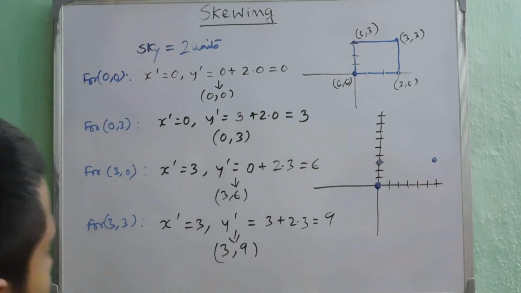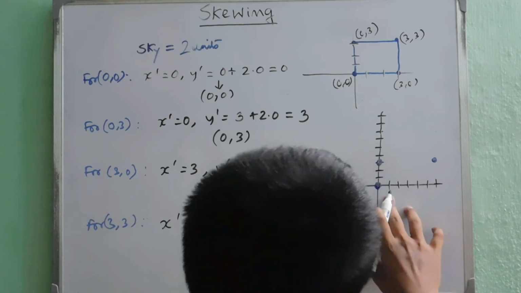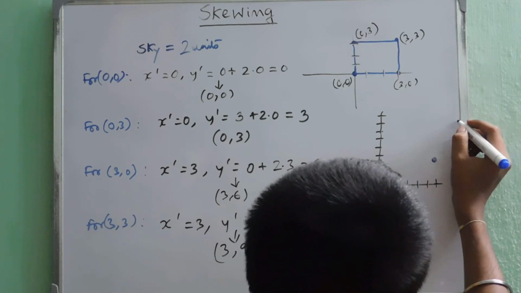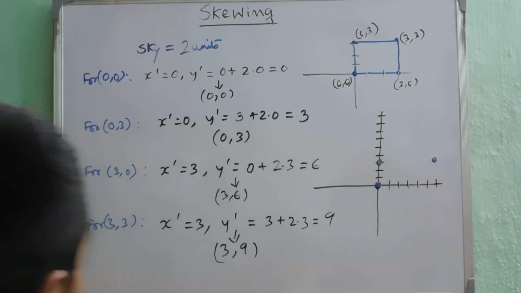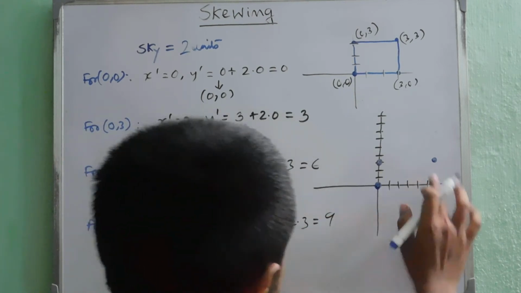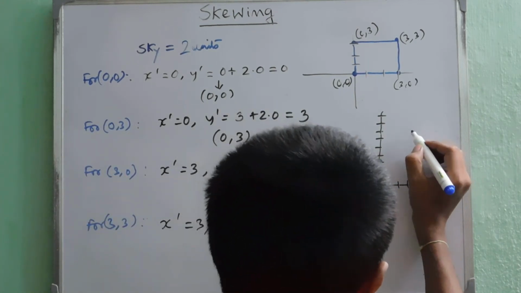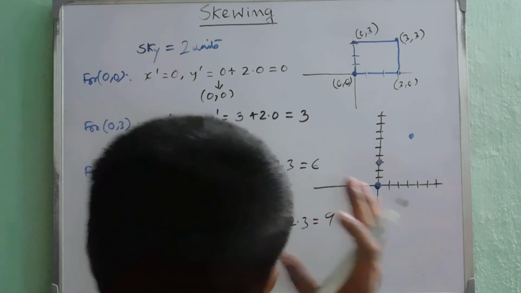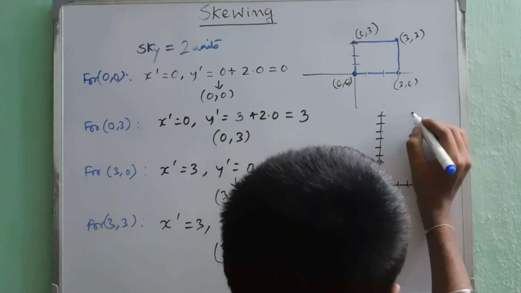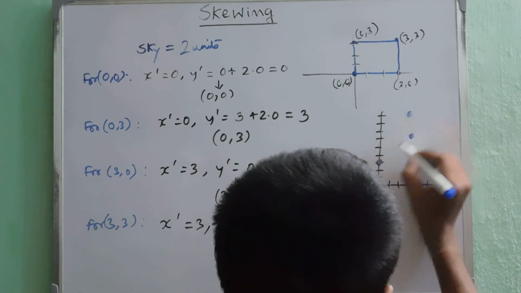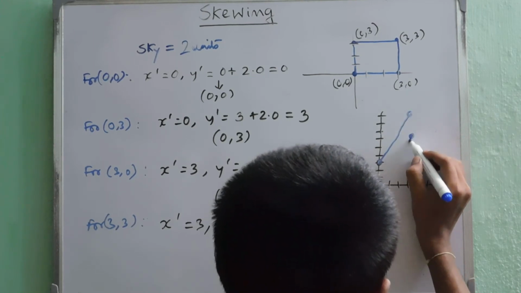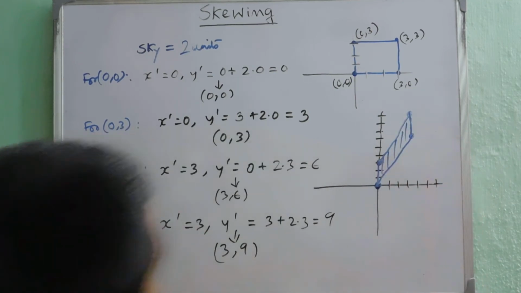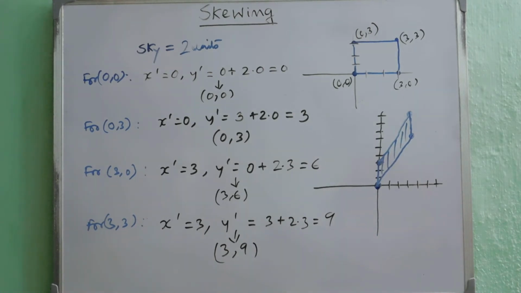And finally we have 3, 9, which will be here. We join the points, and this is our figure. So this is the y skewing.